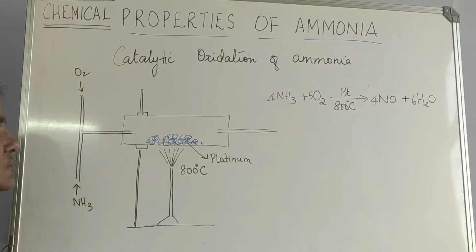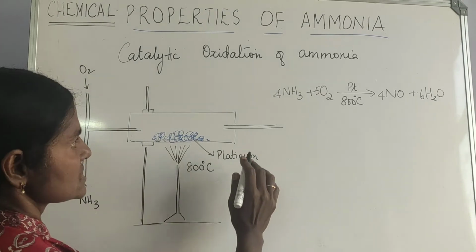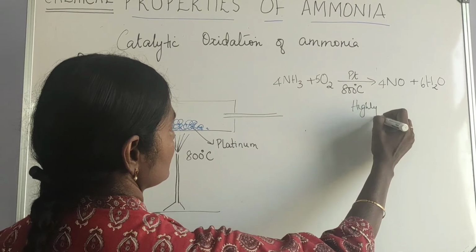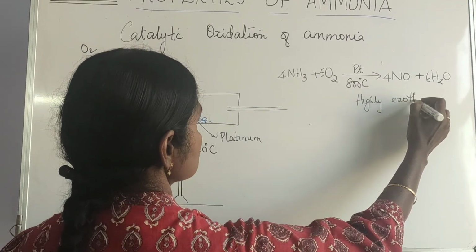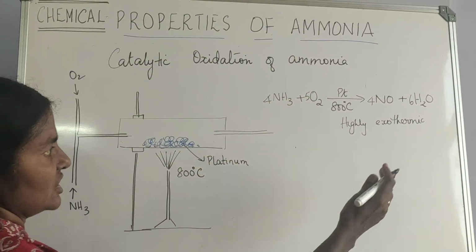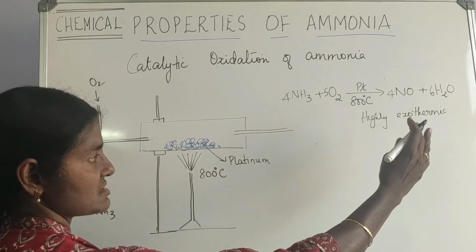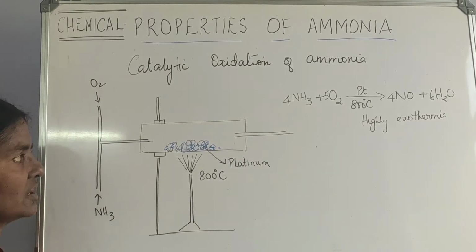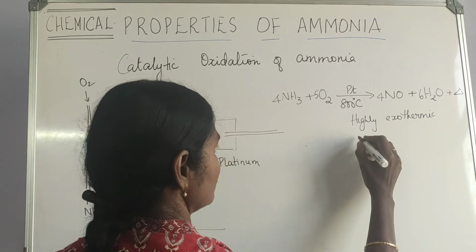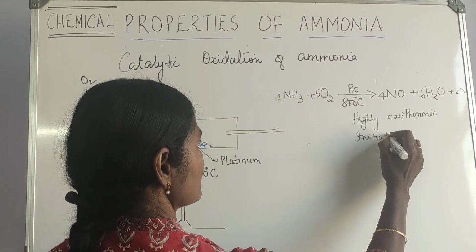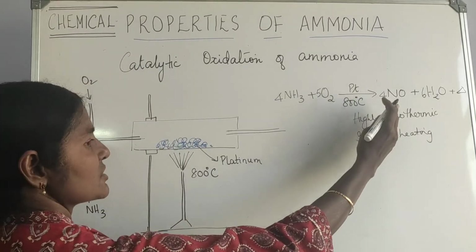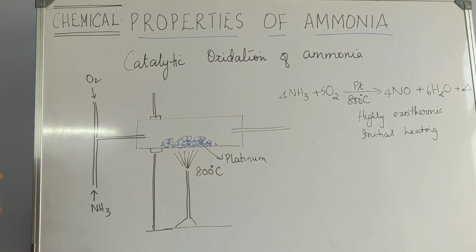The reaction is 4NH3 plus 5O2, and it is a highly exothermic reaction. What is the meaning of exothermic? Whenever heat is liberated or given out, exit, therm, heat, it is called an exothermic reaction. So a lot of heat is evolved. Therefore, initial heating is enough. Once the reaction begins, the reaction itself gives out heat, so the external heat is removed.